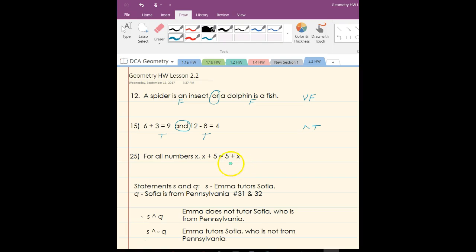Our negation would be something like, there exists a number x such that x plus 5 is not equal to 5 plus x.